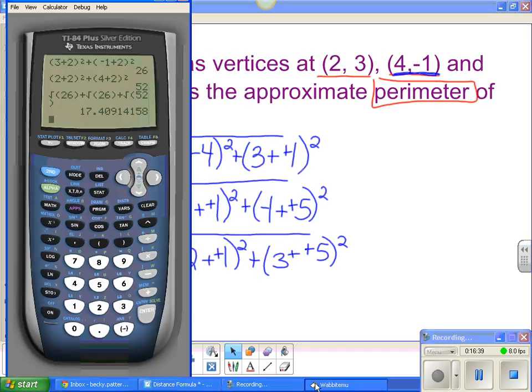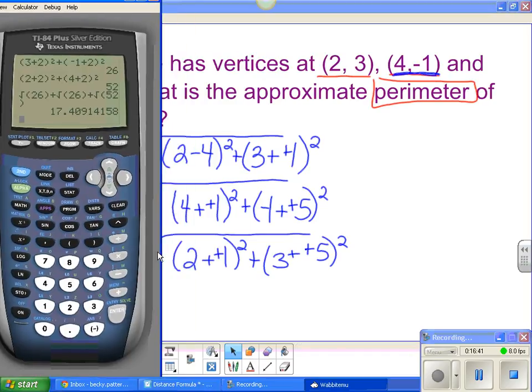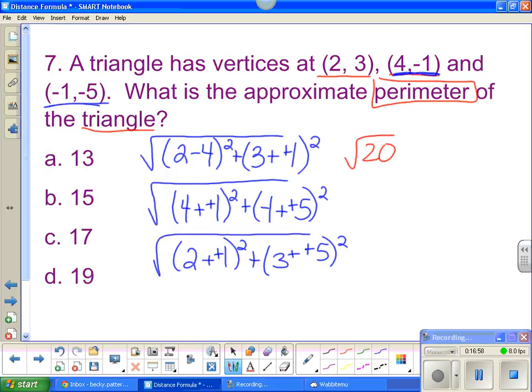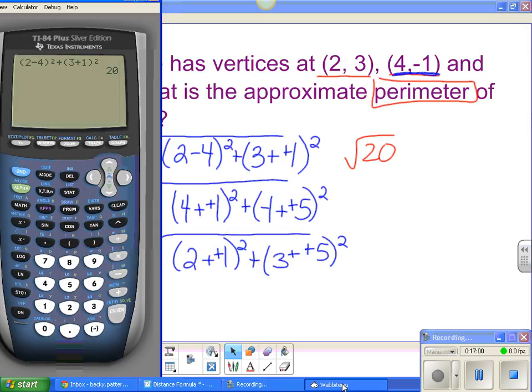And then I grab my handy dandy calculator. Start with my parentheses. 2 minus 4 squared plus 3 plus 1 squared. So root 20. Four plus 1 squared plus -1 plus 5 squared.